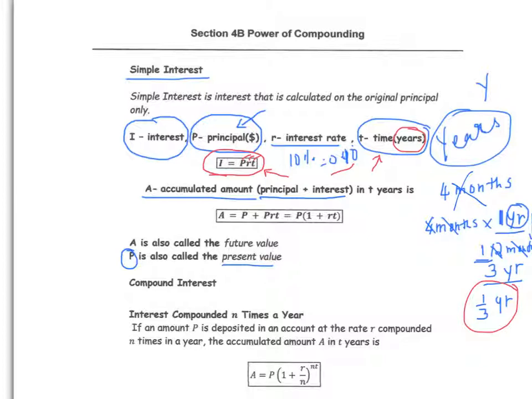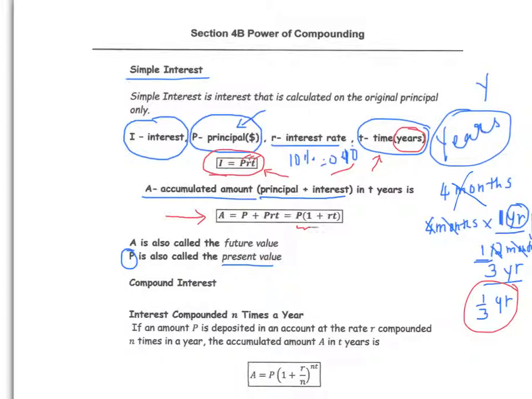Now, what if we had to figure out the accumulated amount, the total amount of money that is in the account after T years? So that is given by the formula A equals P plus PRT. And using our knowledge of algebra, P can be factored out.